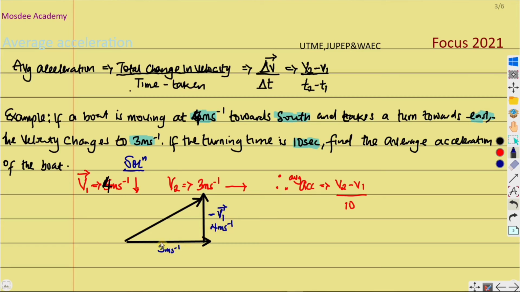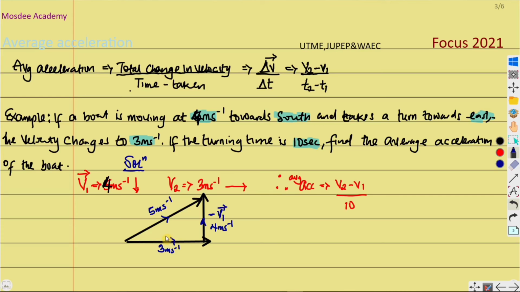So from our triangle law of vector, which we might have studied, this will give us nothing but what? 5. And these are the directions I'm trying to show with the arrows. Please note that this will give us 5 meters per second, which I believe everybody should have learned in early classes. You can just use your Pythagoras theorem to get the longest side, which is the resultant vector.